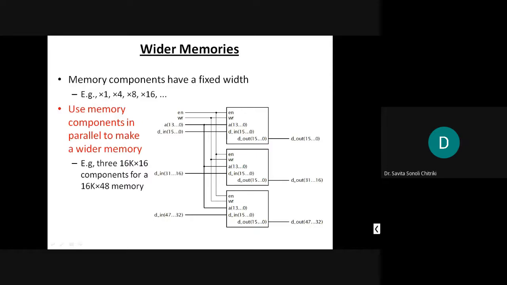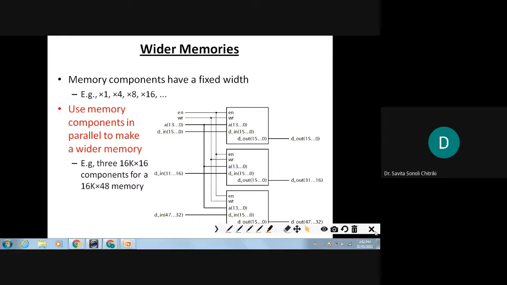I already gave you that. I was having 16 kilobytes of memory and I wanted to make it 64K. You said I need to use 4 of 16K kilobyte memories. Like this, I will use 4 of 16K memories to make 64K.